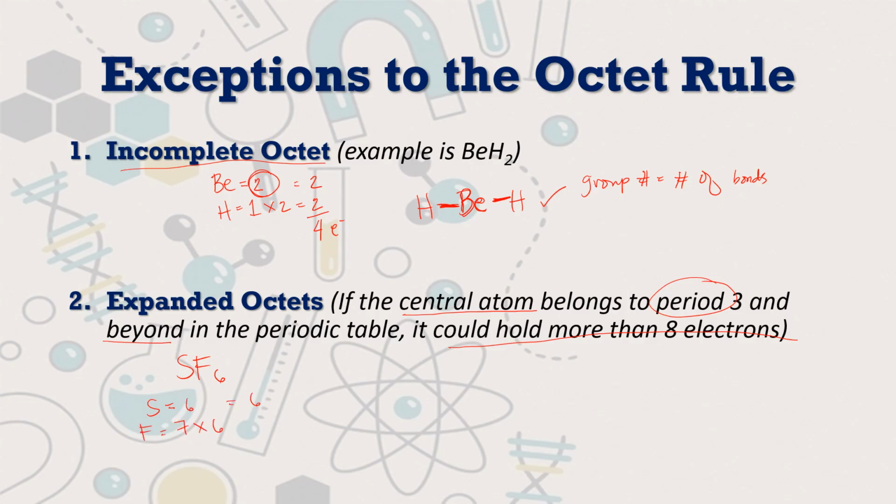So this is 6, this is 42. 42 plus 6, 48 electrons all in all. So the expanded octet is just like this. We have S, 1, 2, 3, 4, 5, and 6. We complete each fluorine with 8 electrons.